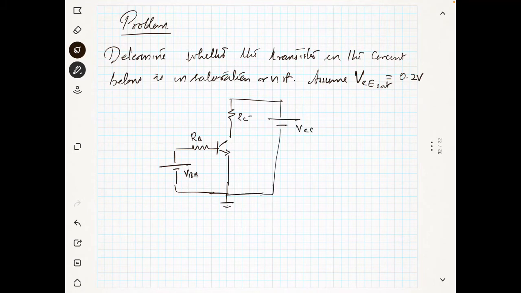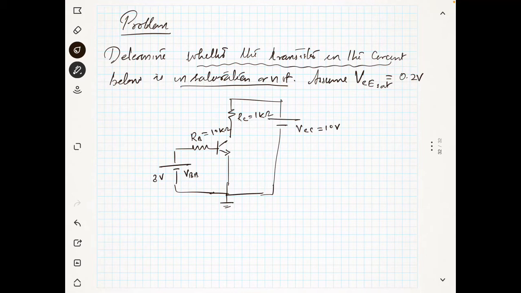So this is the circuit, and RC is given as 1 kilo ohm, VCC is given as 10 volt, RB is given as 10 kilo ohm, and VBB is given as 3 volt. We want to check whether this transistor is in saturation or not. This is the main part of the question.